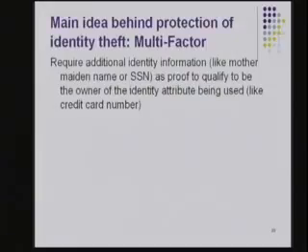So the main idea behind our solution was that of multi-factor. So having known that we have a lot of information, one can look into seeing that, okay, if you can provide additional information, for example, your mother's maiden name or social security number, as a proof to qualify the owner of this identity attribute being used, like the credit card number.